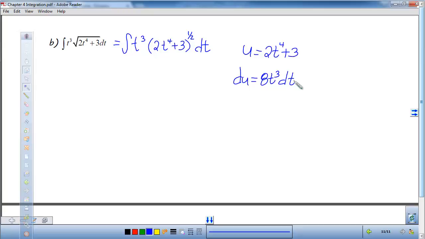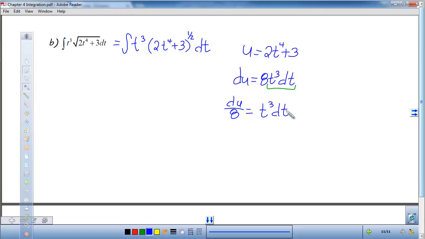I can already see I've got a nice substitution for this 2t to the fourth plus 3 piece, but now I need a substitute for t cubed dt. I don't have that yet. Right now I have an equivalent for 8t cubed dt. So to get an equivalent for just t cubed dt, I'm going to divide both sides by 8. So du over 8 equals t cubed dt.